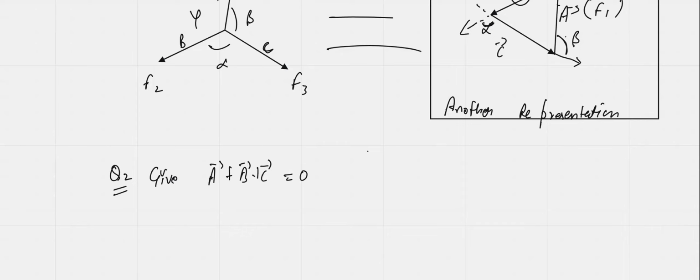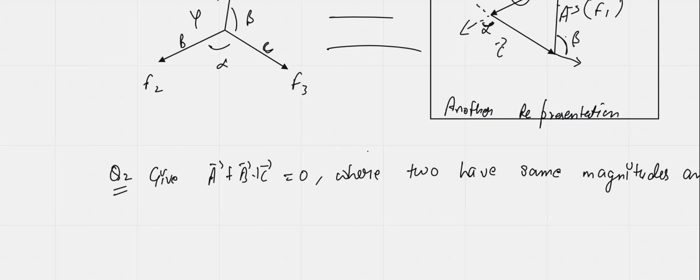Okay, where two out of these three have the same magnitude, and the magnitude of the third one is root 2 times.